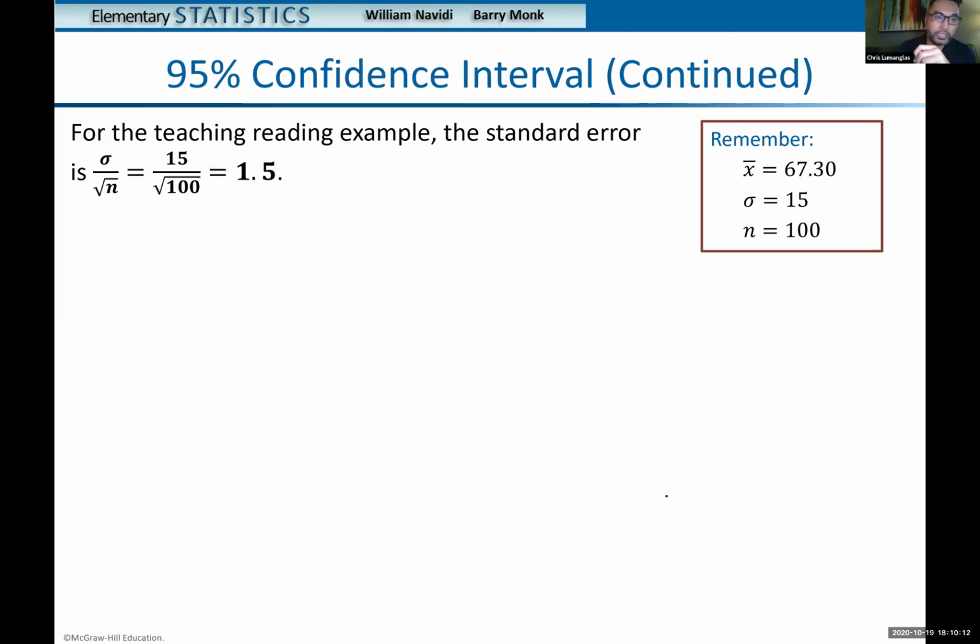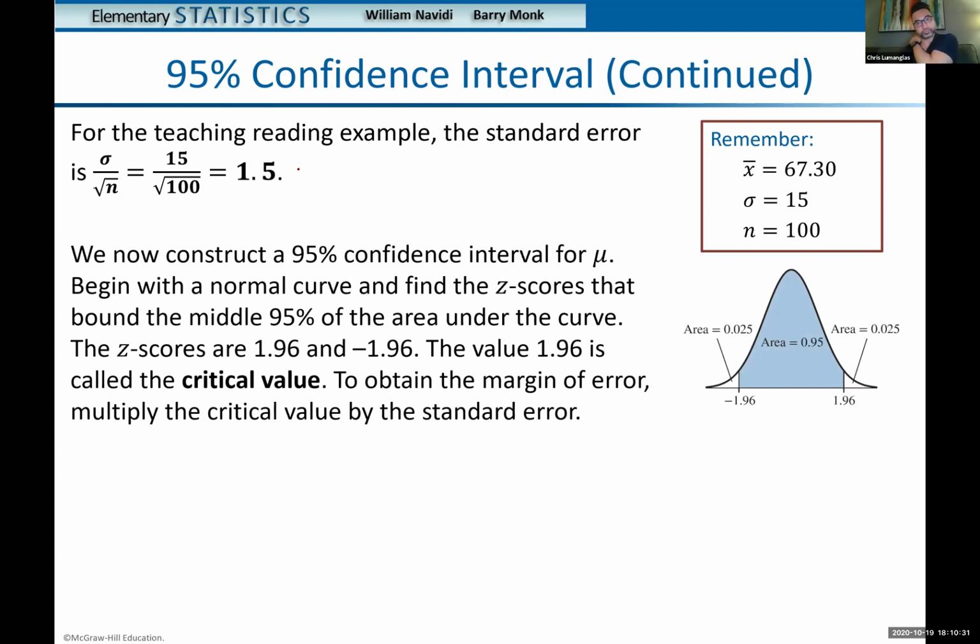So that's why from the example earlier, if n is 100 students and given a standard deviation of 15, you will be able to solve for the standard deviation. 15 over square root of 100 is equal to 1.5. And that is our standard error.